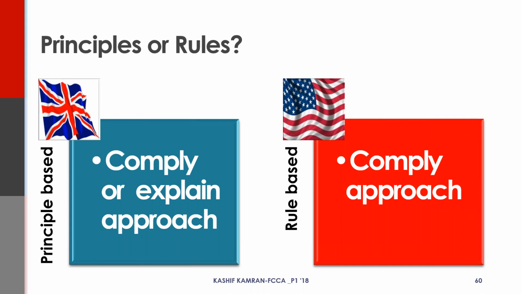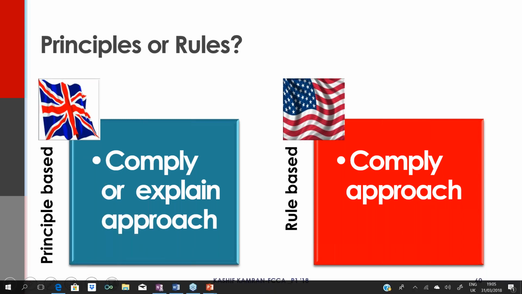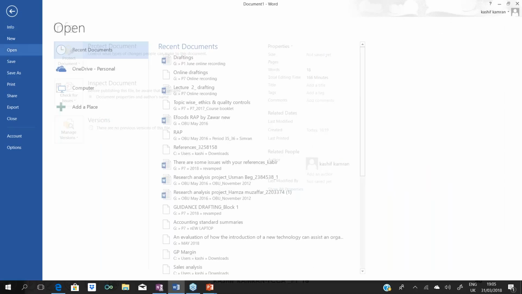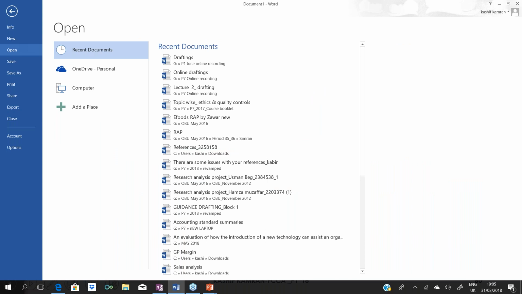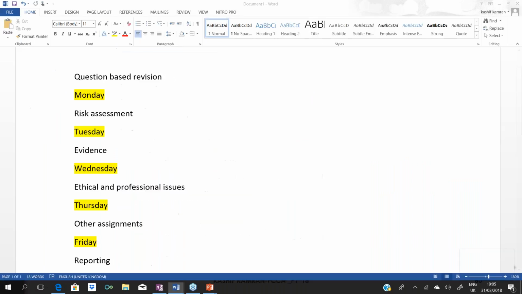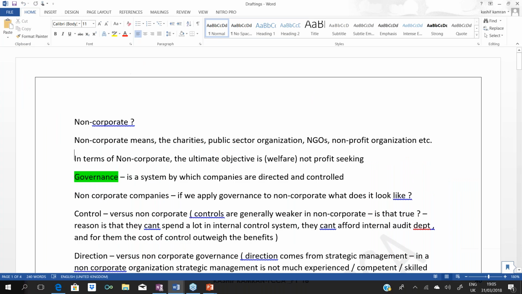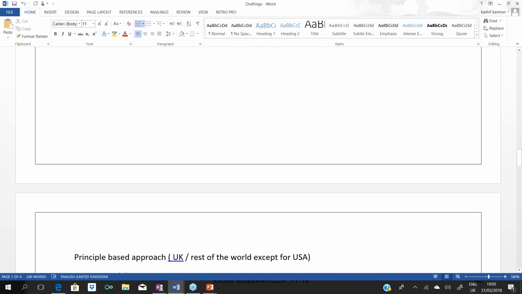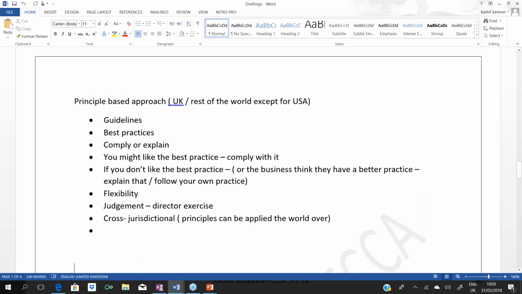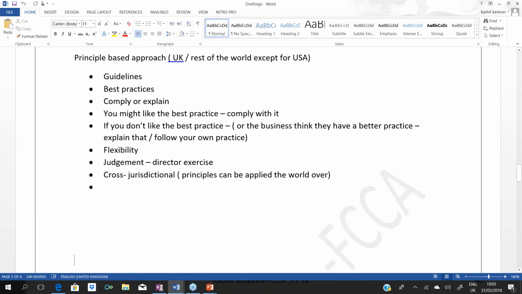Now, towards the end of the class yesterday, we made a list of the characteristics for principle-based corporate governance. So let's recap that and then move towards the rule-based exercise.